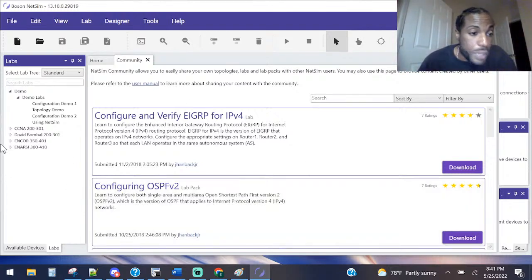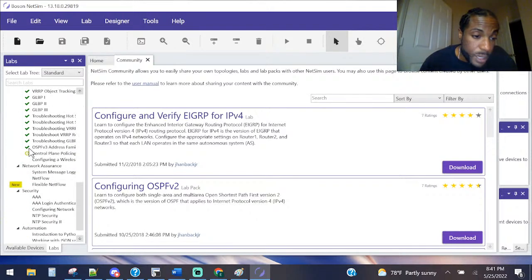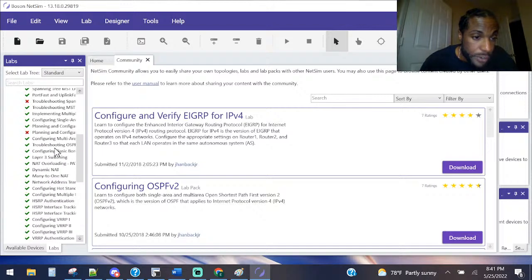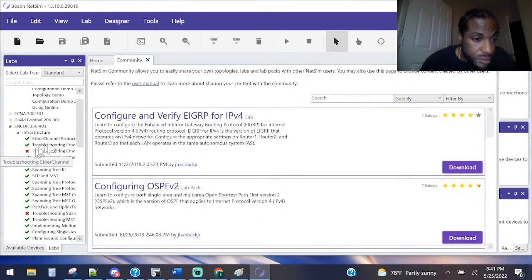Unless y'all want me to just pick a random lab, because at least with this, we know this is a controlled environment and we can just pick a topic and go from there. We already did all these spanning tree labs, OSPF, troubleshooting EtherChannel. Y'all want to do that one? Because it looks like I got a red X there.